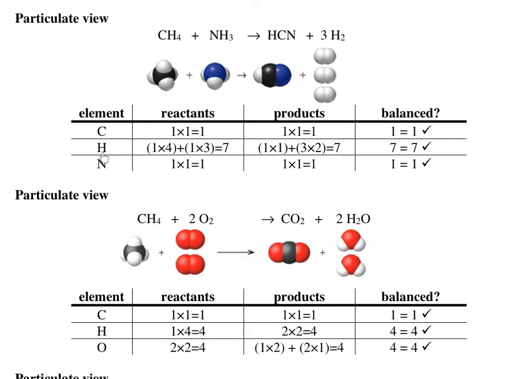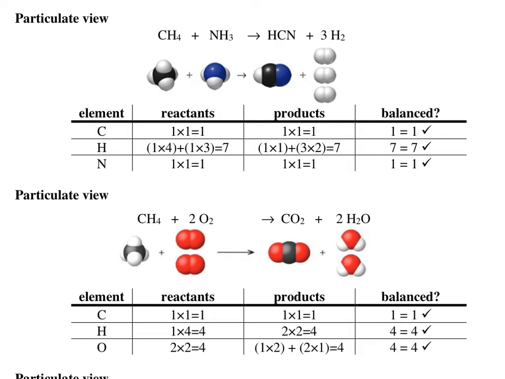For the hydrogen, we have 4 atoms of hydrogen from methane, 3 atoms of hydrogen from the ammonia, for a total of 7 on the reactant side. On the product side, we have 1 hydrogen atom in HCN, and we have a total of 6 hydrogen atoms from the 3 H2s. So there's 7 hydrogen atoms on each side.